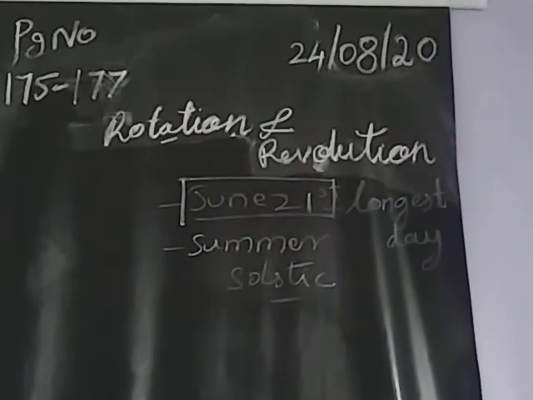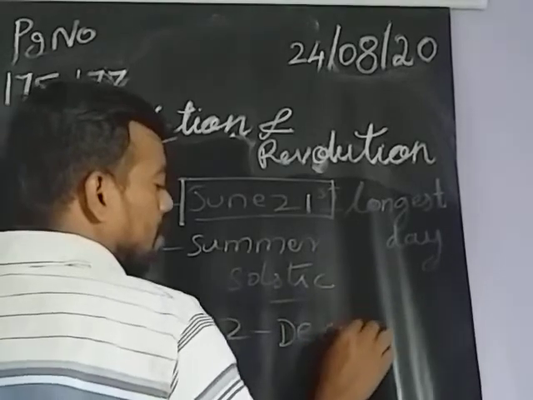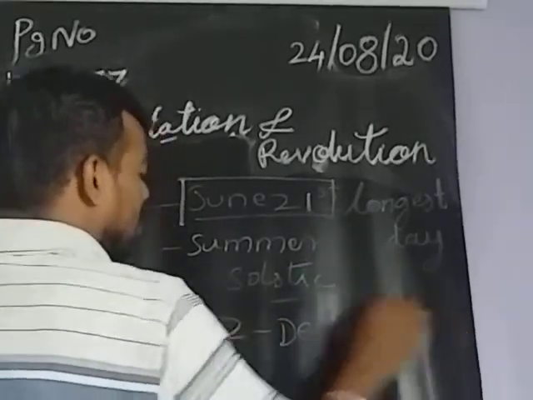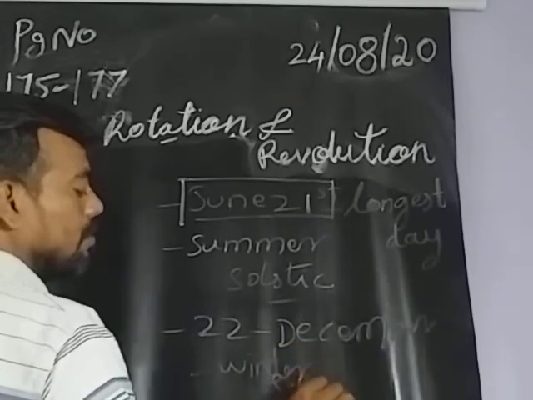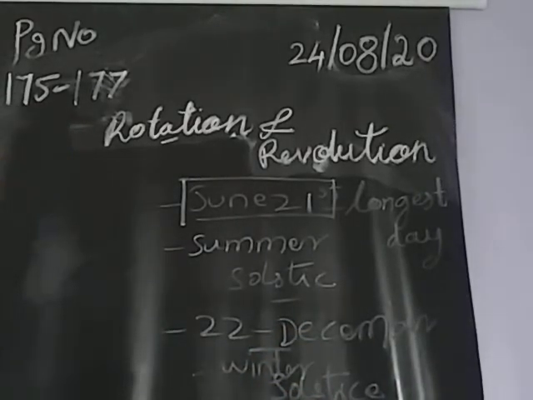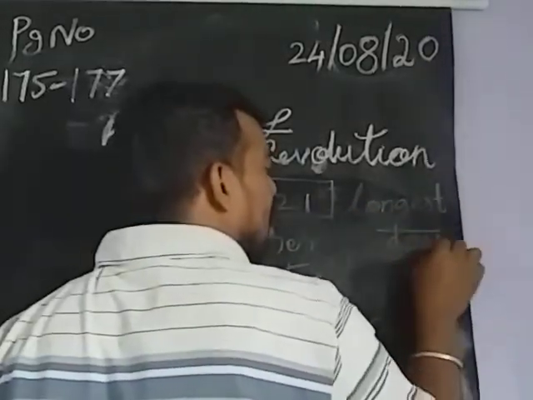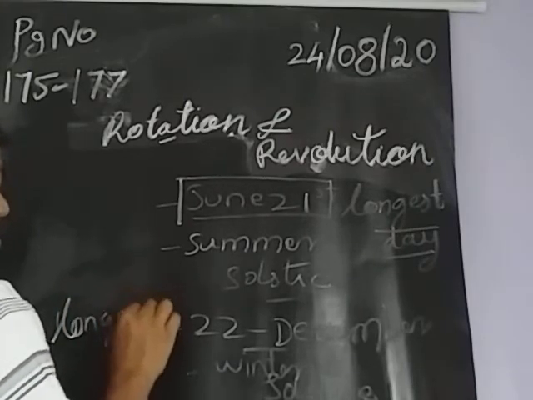Next one, the winter solstice, on 22nd December. Winter solstice, 22nd December. Just as we get the longest day in summer, here they get the longest night.